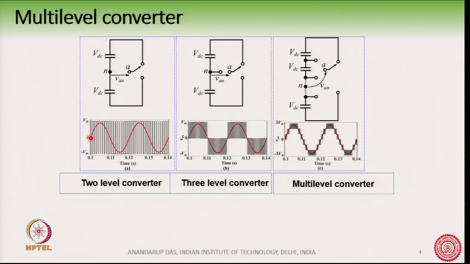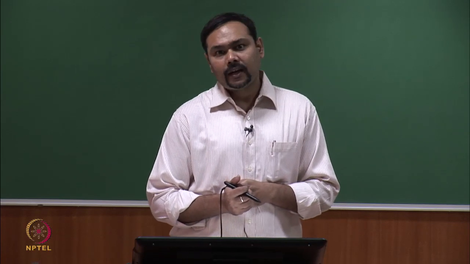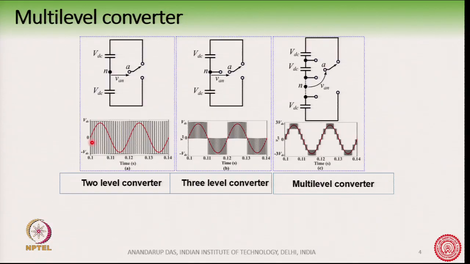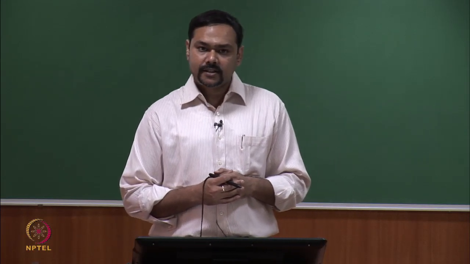It is not apparent. Just by seeing this black waveform, you will not be able to conclude that there is a sine wave inside it. But if we do the Fourier analysis, we find that there is a fundamental sine wave, shown by the red curve here, hidden inside this PWM instantaneous waveform.